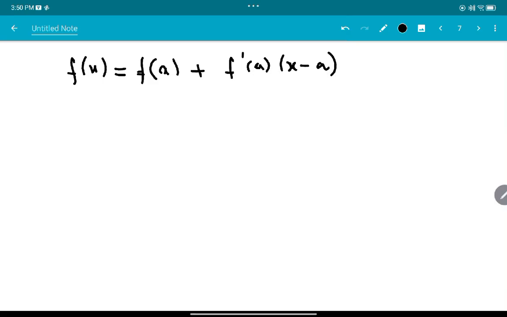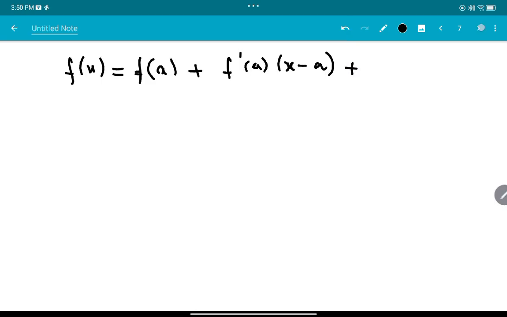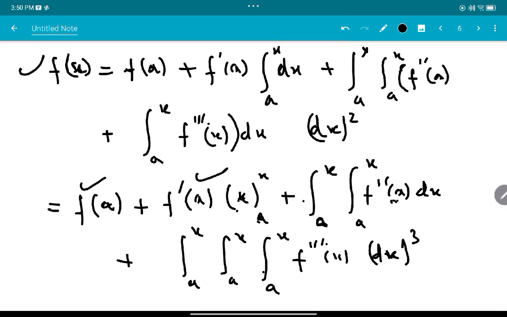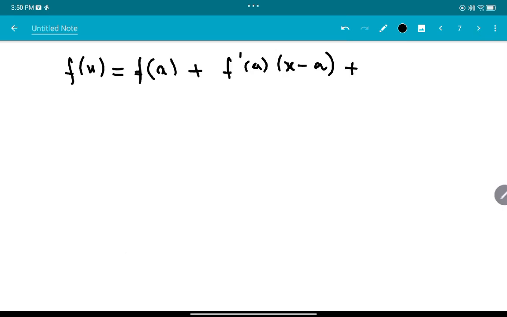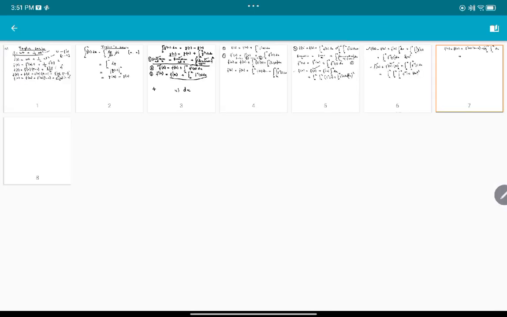Good. Plus third term. What is the third term? You take this f double dash a out because it is constant. You will be left with a double integral from a to x of dx. Sorry, f double dash a out, integral a to x dx plus the last term.